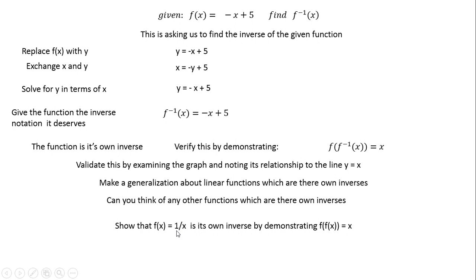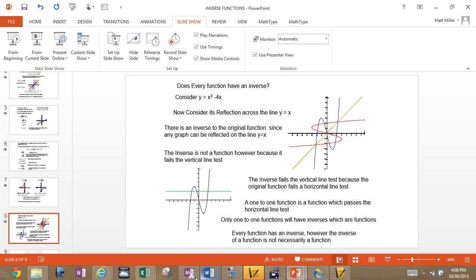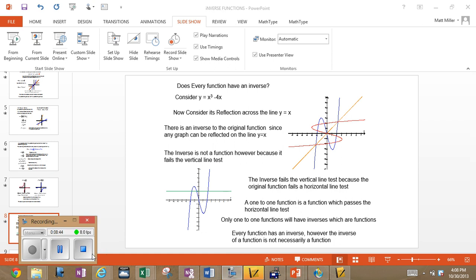And if you take a couple points, that'll illustrate it too. Because if you put in 2, you get out a half. If you put in a half, you get out 2. So all points (a, b) are also points (b, a) on that function, and therefore that function is its own inverse. Okay, so that should do it for our discourse on inverse functions.